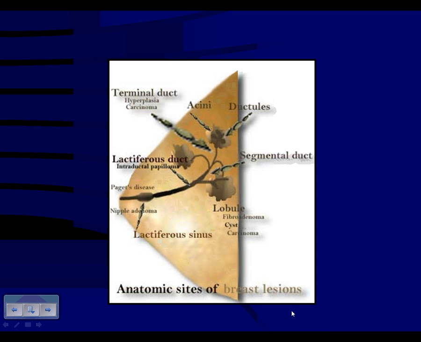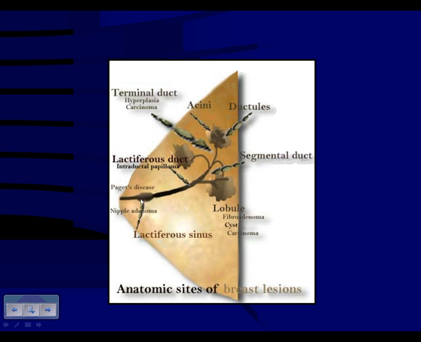So now we're actually going to go on to the lesions that we see in the breast tissue. There's a variety of lesions that can occur. This is just a basic diagram showing you again. Here's the nipple, lactiferous duct, lactiferous sinus, a lobe of breast tissue, your acinar and your smaller ductules that occur most distally. And again, there are different things that will affect different locations of the breast.